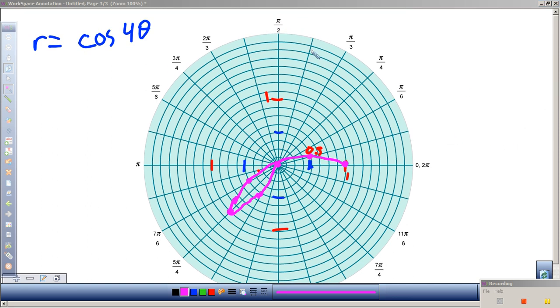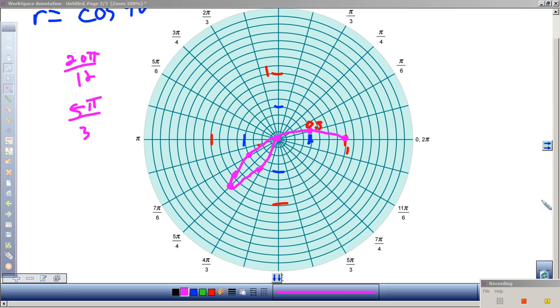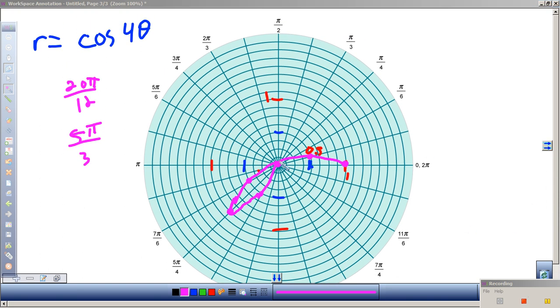What if we plug in 5 pi/12? Times 4? 20 pi over 12. 5 pi over 3. What is the cosine of 5 pi/3? 5 pi/3, right here. 1/2.